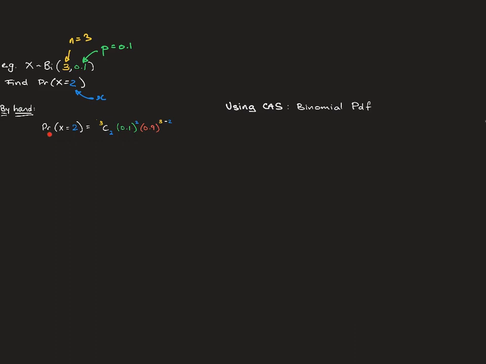And so what we've got here, the probability that x is equal to 2 is equal to 3 is our number of trials, and we're choosing 2. We want 2 as our outcome. Our probability of success is 0.1, and we're going to have 2 of those because we're getting 2 successes. Our probability of not a success adds to 1 with this value here, so it's going to be 0.9, and it's n minus our x.